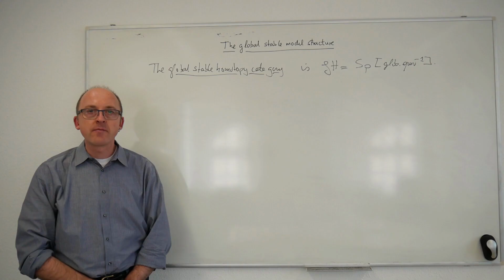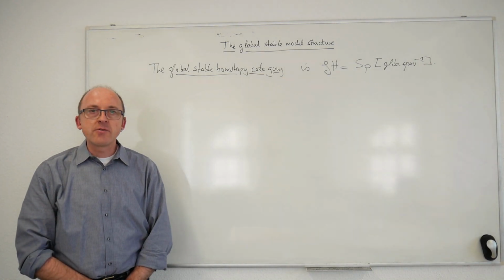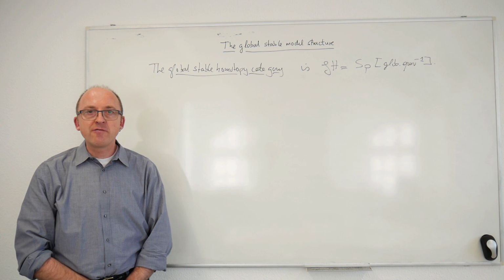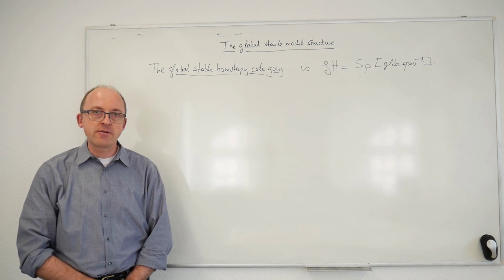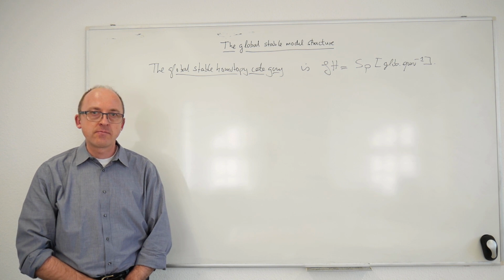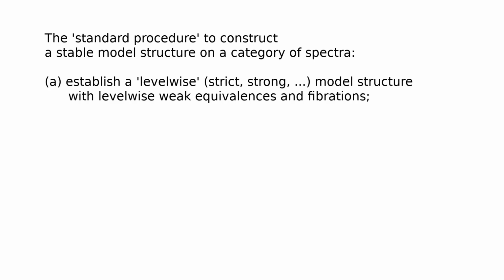The strategy to establish the global stable model structure follows a well-established pattern of which there are already several examples in the literature. The standard procedure for constructing stable model structures on categories of spectra can roughly be broken up into 5 steps.